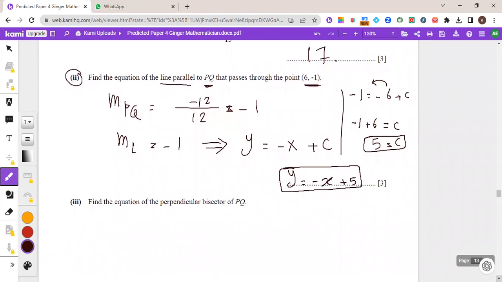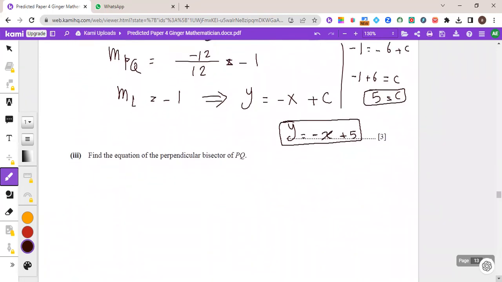Next. Find the equation of the perpendicular bisector of PQ.